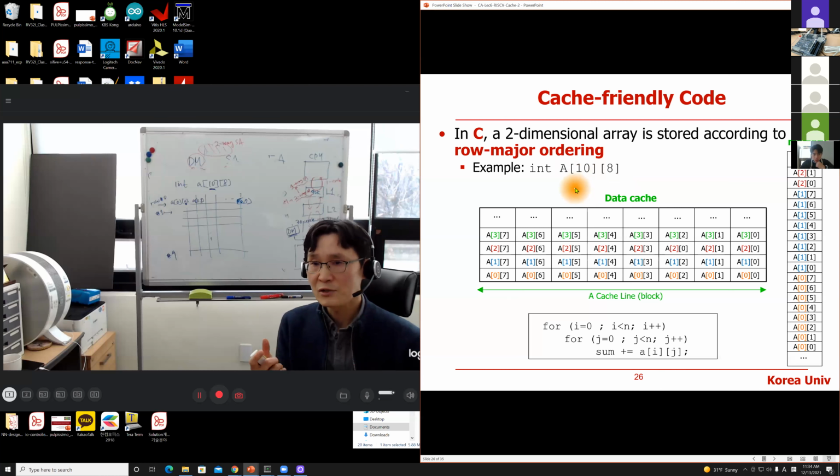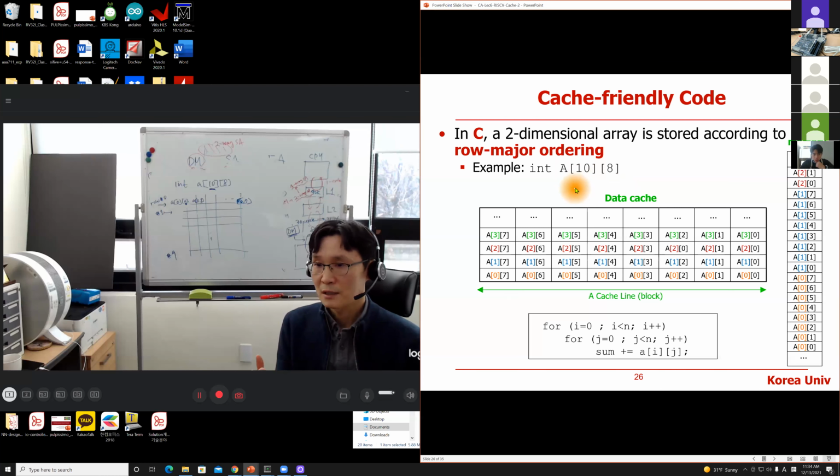If you declare a two-dimensional array like this as a local variable, C uses row major ordering, meaning that the array is stored in memory like this. Look at this: the 8 data in the first row are stored in consecutive memory locations.